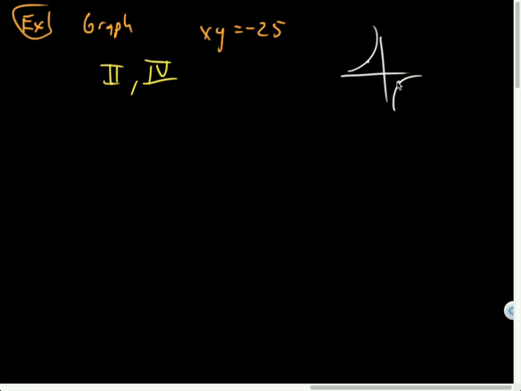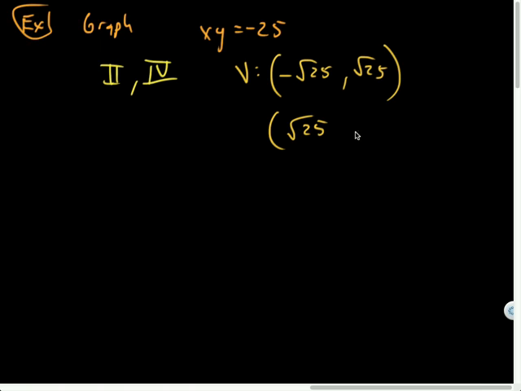And now let's find some vertices on it. So to find the vertices, let's see, so to be in quadrant 2, I'd have to go left, so it would be negative square root of 25, comma, positive square root of 25. And the other one would be positive square root of 25, so right that amount and then down that amount.